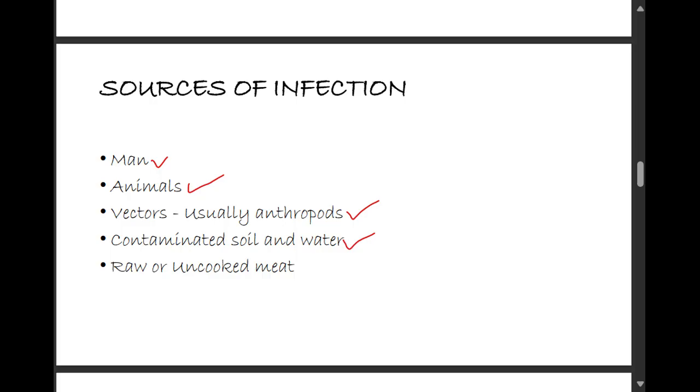Also, water contaminated with human excreta containing cysts of E. histolytica or Giardia lamblia can all act as sources of infection. Are we together?